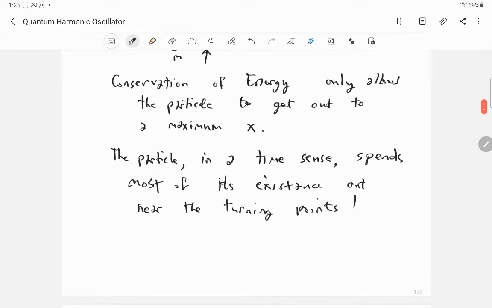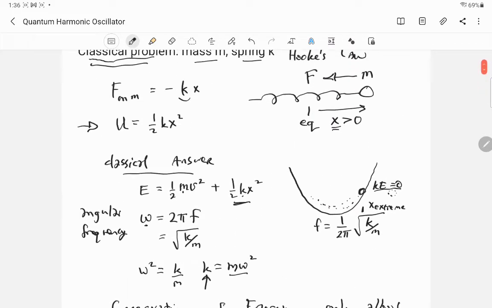So in a sense, if you wanted to understand the average value of the position in time, when you take the value of x squared and you imagine understanding its average value, I'm using x squared because presumably it spends equal times with negative x values as it does positive x values.